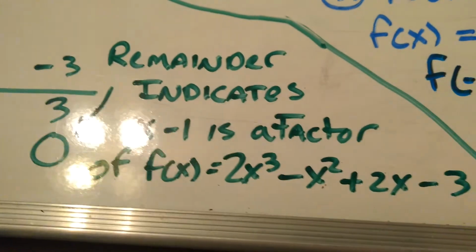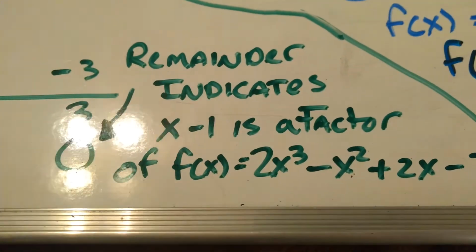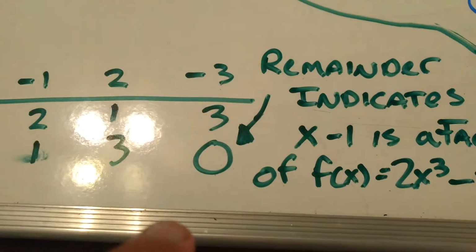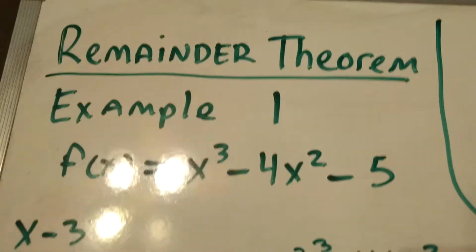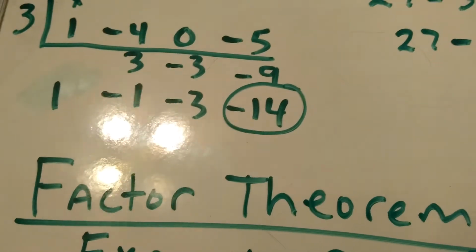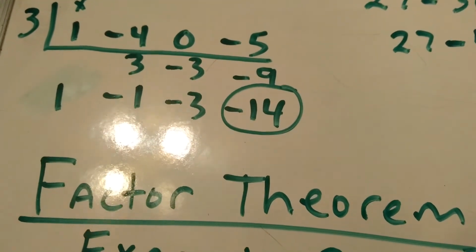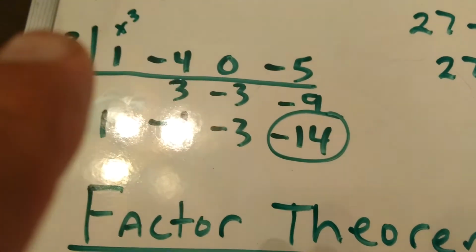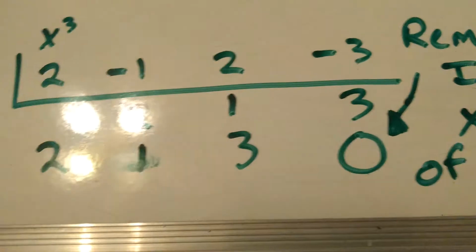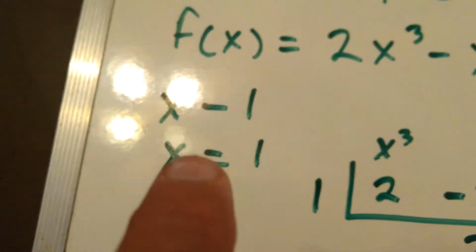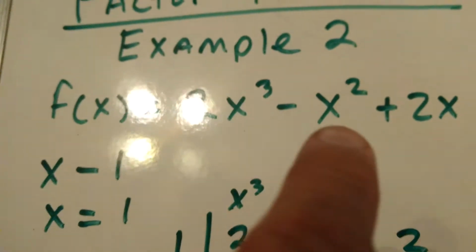The remainder indicates that x minus 1 is a factor because the remainder is 0. See the difference here. The remainder theorem says that if you get a value for the remainder, that is the value if you were to plug the 0 in and do the math. This says if you get a remainder of 0, then the factor, x minus 1, is a factor of this.